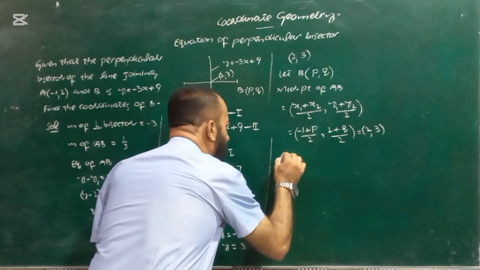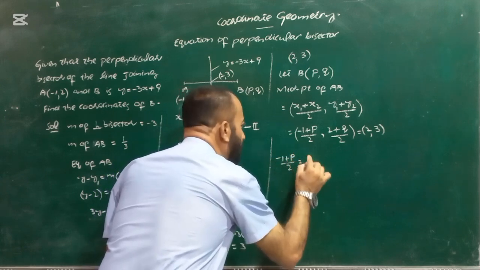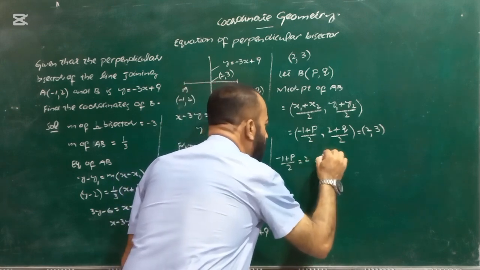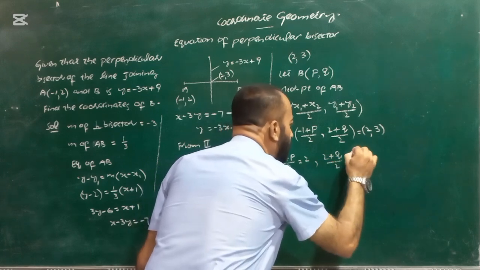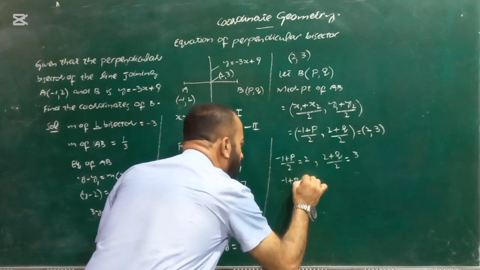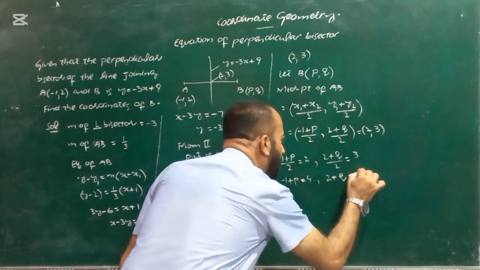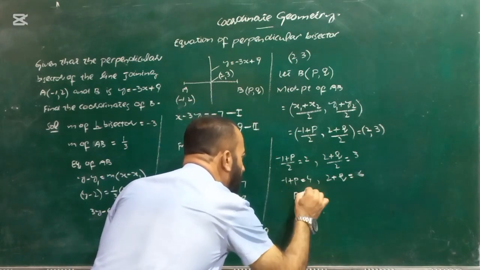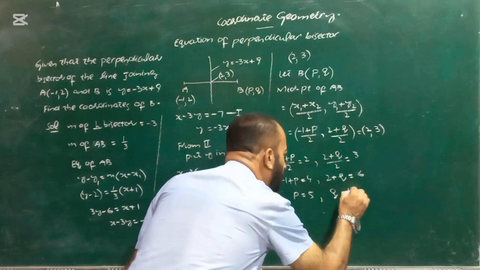So minus 1 plus P over 2 should be equal to 2, and 2 plus Q over 2 should be equal to 3. From here minus 1 plus P equals 4 and 2 plus Q equals 6. So P equals 5 and Q equals 4.